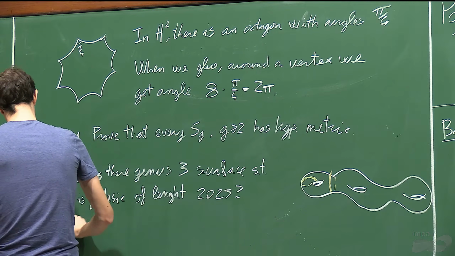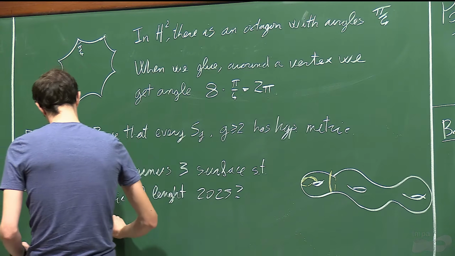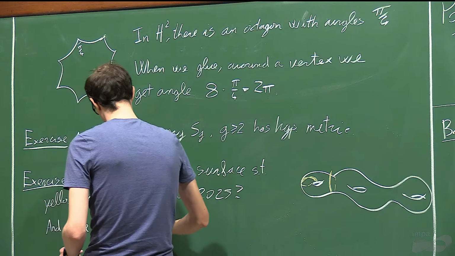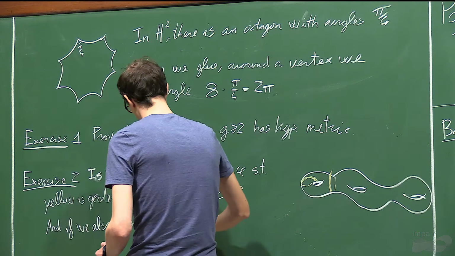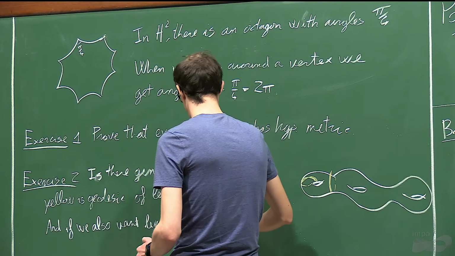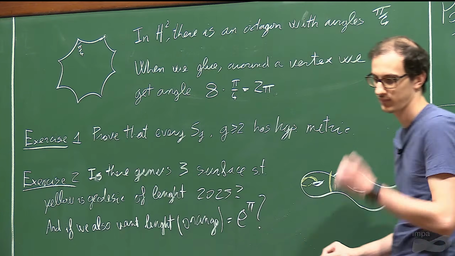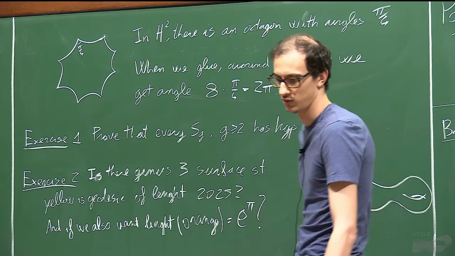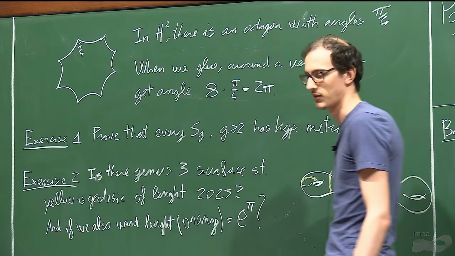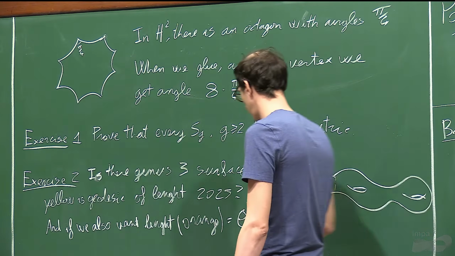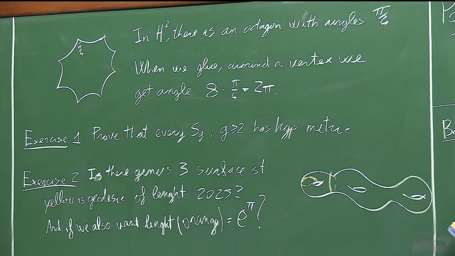And if we also want the length of orange equal to, I don't know, e to the pi, so maybe we'll talk about it after in some exercise sessions, just to see that you can actually have some flexibility and have some controls also on the geometry of the things you build. Okay.